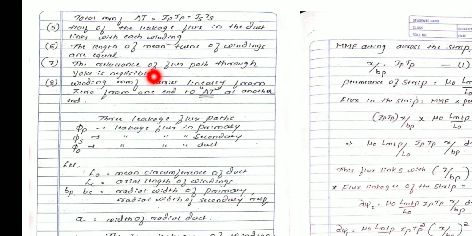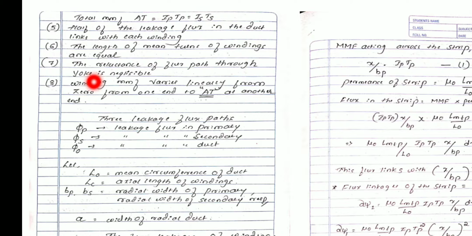And what about the seventh one? The reluctance of the flux path through the yoke is negligible. The reluctance is nothing but the opposition for the flux flow, and here we consider the reluctance of the flux path through the yoke.